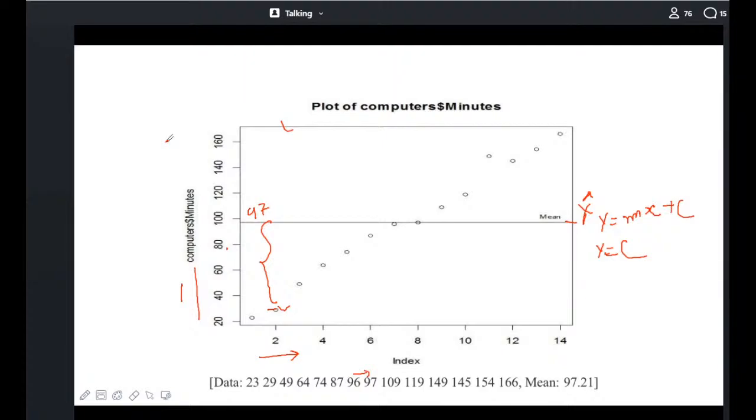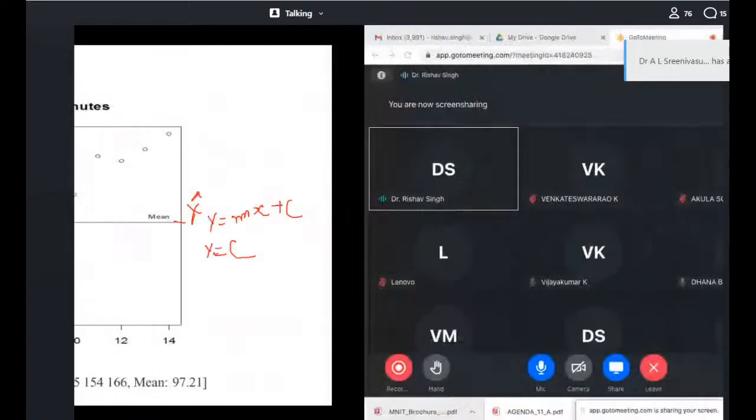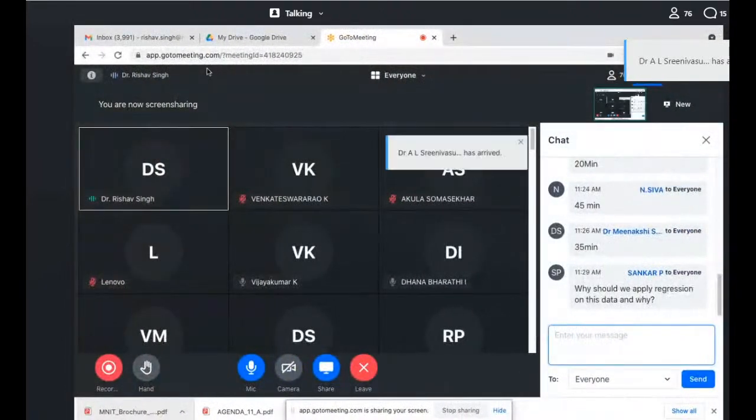If you're not sure, if the plot is not giving you the best result, then you have to find out the correlation between the two variables, and see if that is significant or not. If that is significant, then you go with the linear regression, or you drop it.